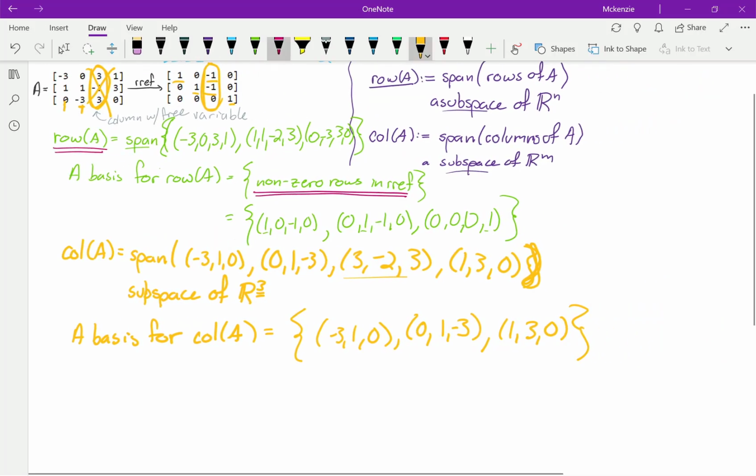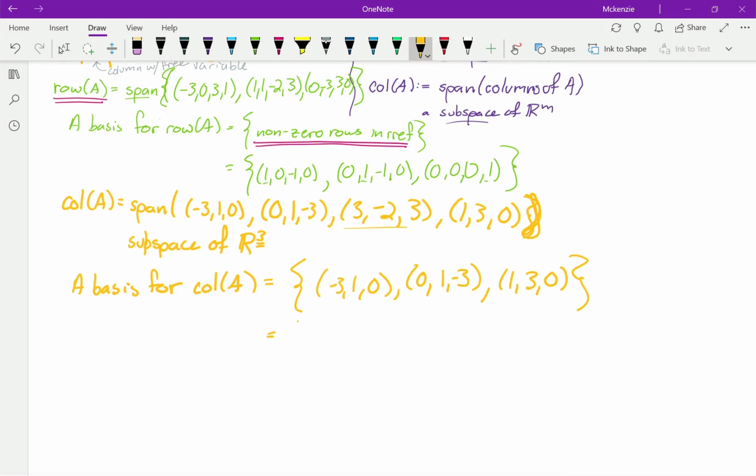Let's summarize that similar to how we did for the row space. This is the columns of A, not the reduced echelon form of A, corresponding to the non-free variables, the leading ones.